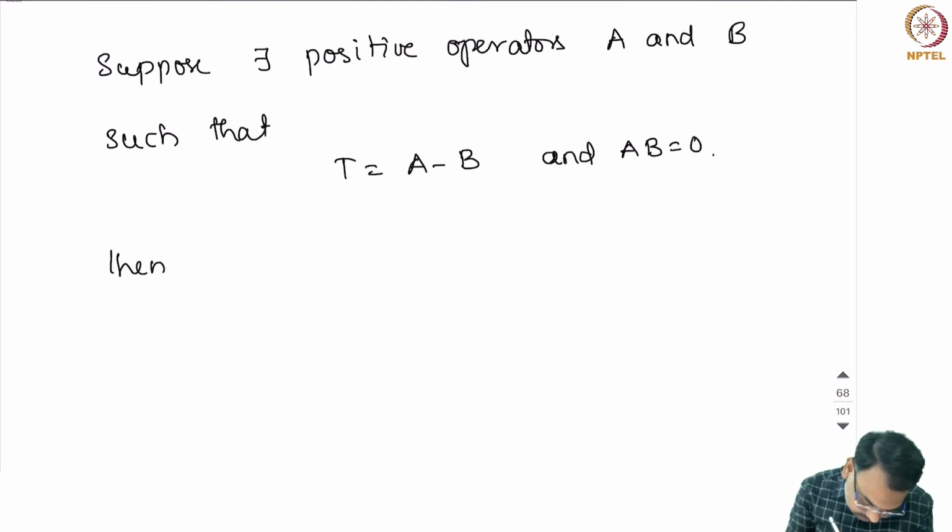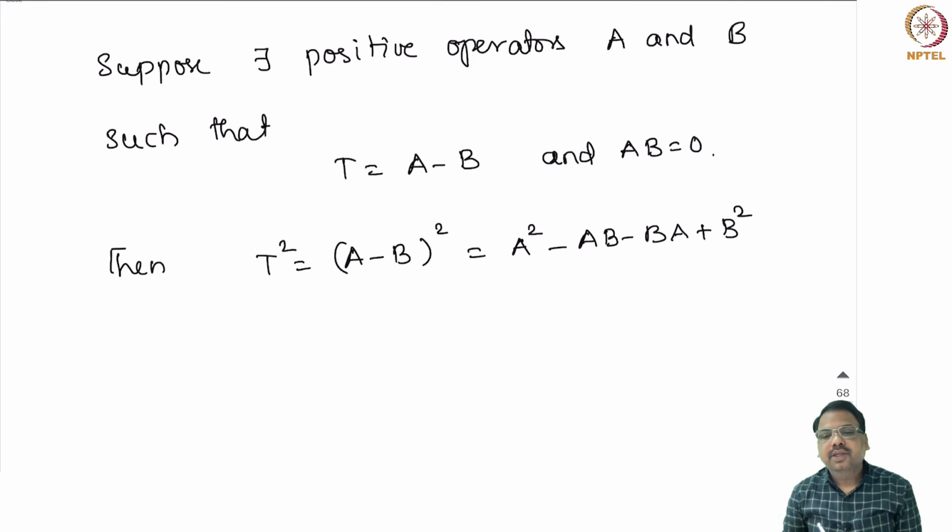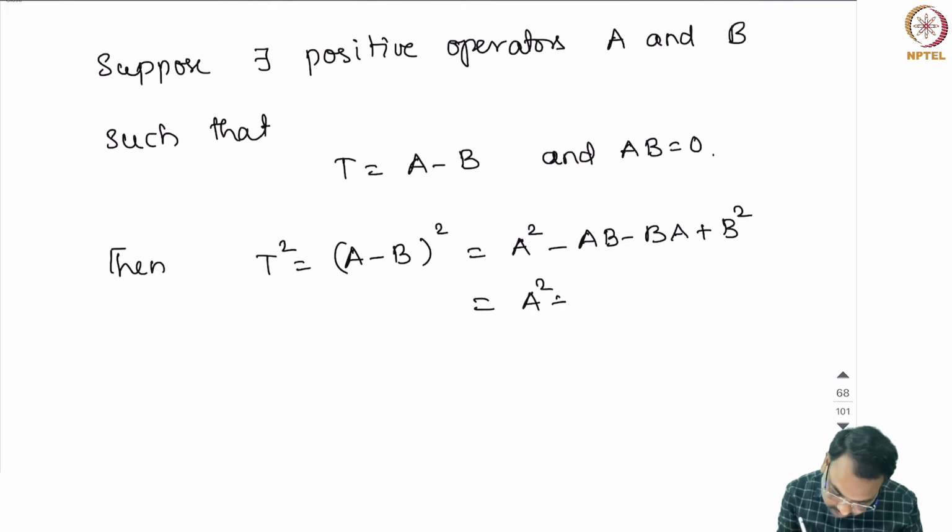So then we have, look at T square, this is (A minus B) whole square, this is A square minus AB minus BA plus B square. AB is 0, hence if you take the adjoint of that, you will get BA is also 0, because A and B are positive, so you will get A square plus B square.